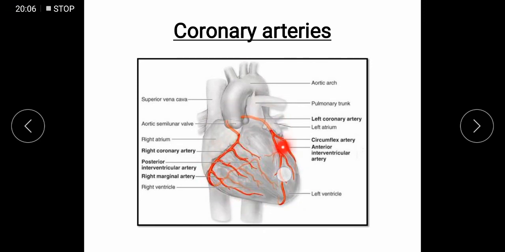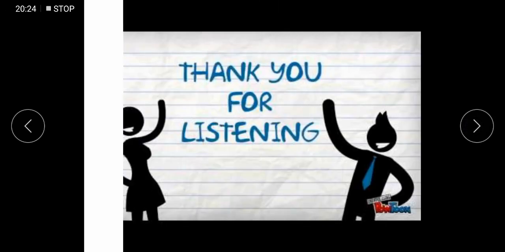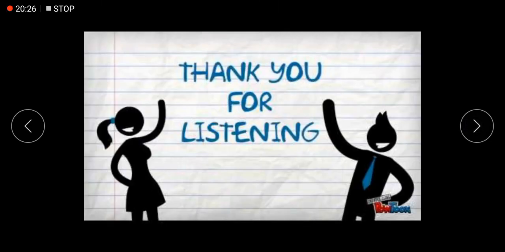These arteries are called coronary arteries. The heart is like any organ. It needs oxygen and nutrients, and it takes them from the coronary arteries that deliver them to the heart. So, my students, this is about the heart.